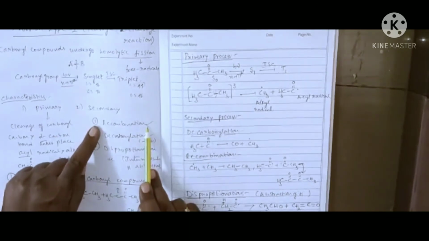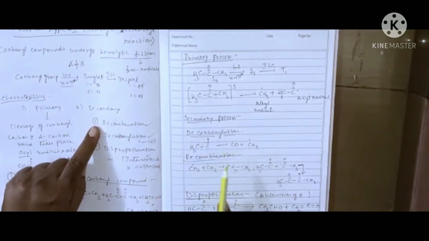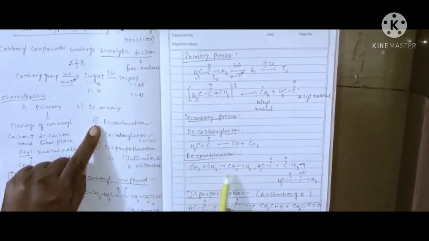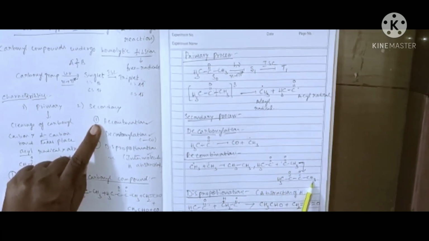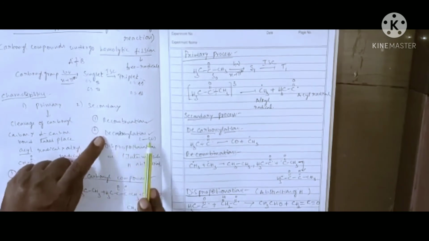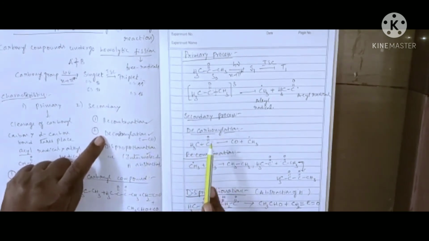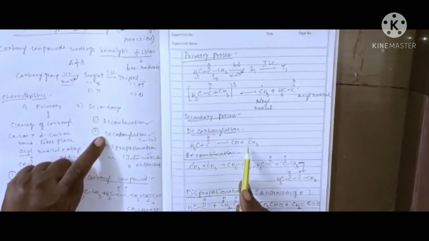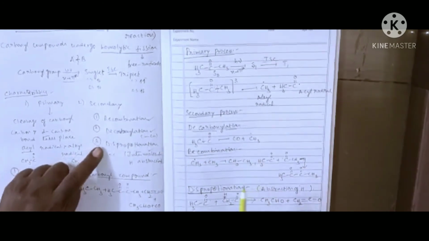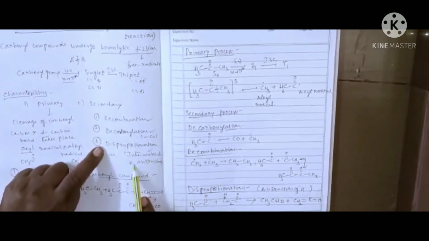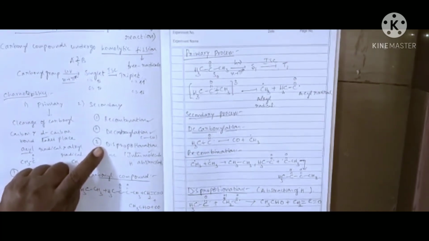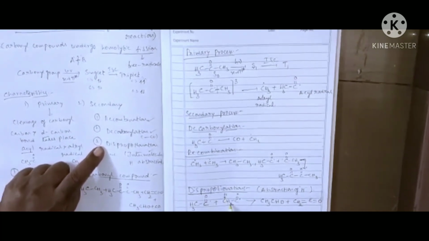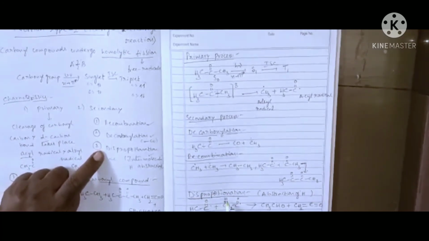So the first one is recombination. The radicals combine together to form alkanes, and if acyl radicals combine, we get acetic anhydride. And next, decarbonylation. Decarbonylation means we eliminate carbon monoxide to produce the radical. And disproportionation means intermolecular hydrogen abstraction. So here one acyl radical is taken and from the other acyl radical the CH3 is converted to CH2H.